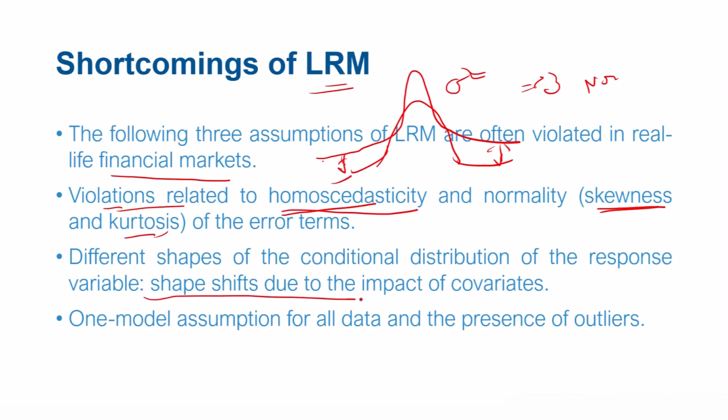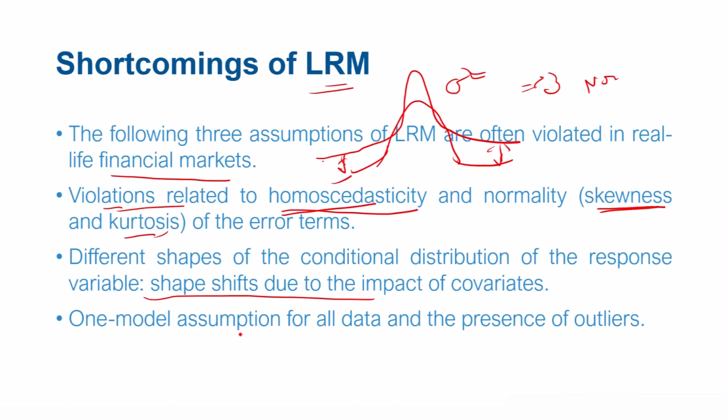Often there is a shape shifting due to covariates. Because of the nature of the covariates, or the independent variables, the theoretically required shapes may not be there. It may change. It may be conditional.